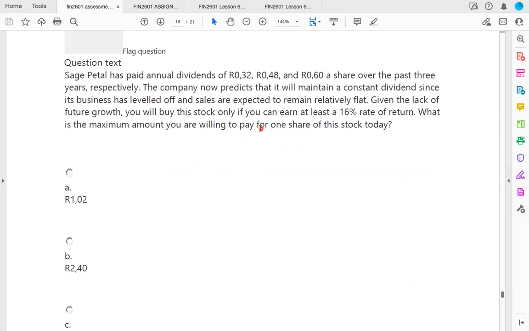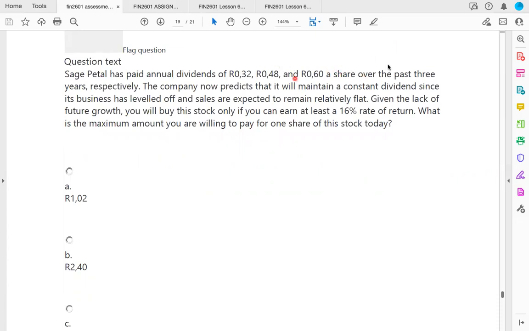Okay, this is also a really straightforward question. We've looked at a number of these, right? First step, determine your future dividends, right? Okay, no, here actually these are past dividends. So this one is actually a bit different. This now changes things a bit.